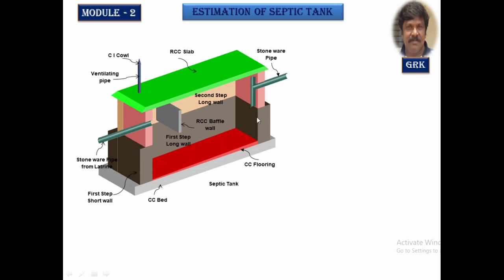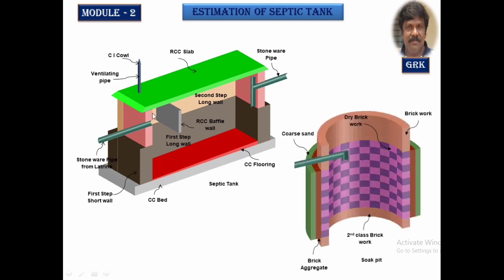So have a look. This is the short wall and this one is the long wall. The baffle walls will be sitting in the long walls. There is a cross section of the soak pit.